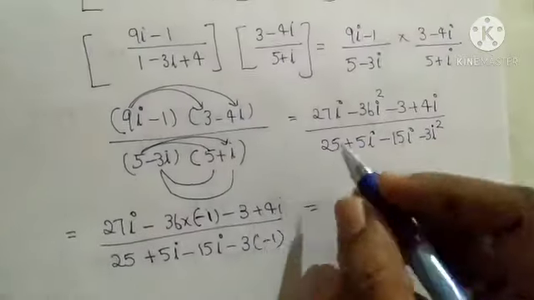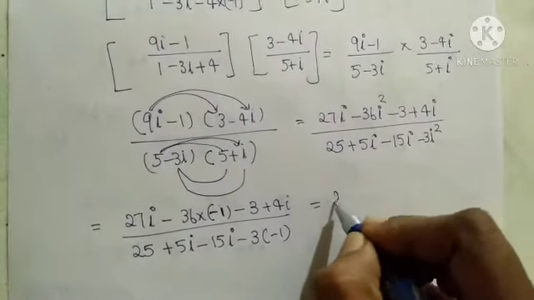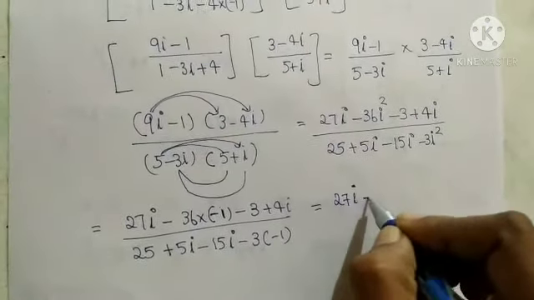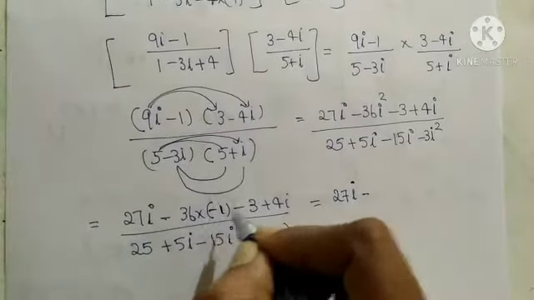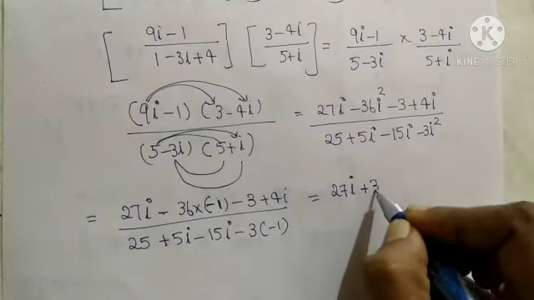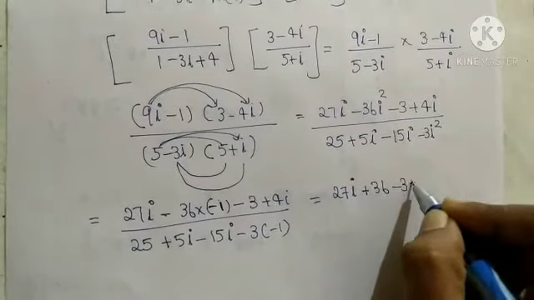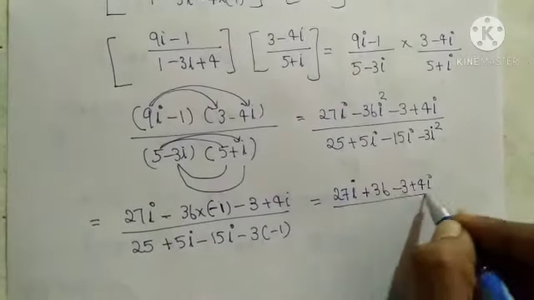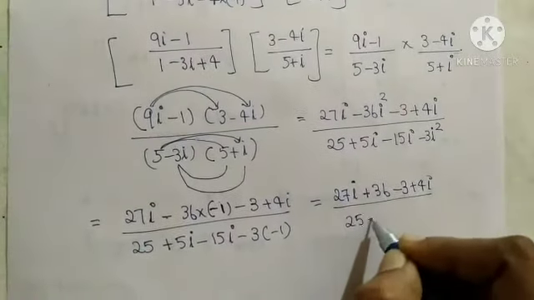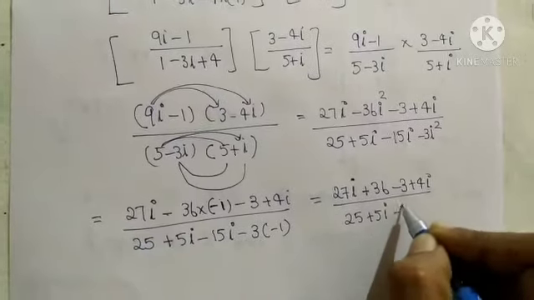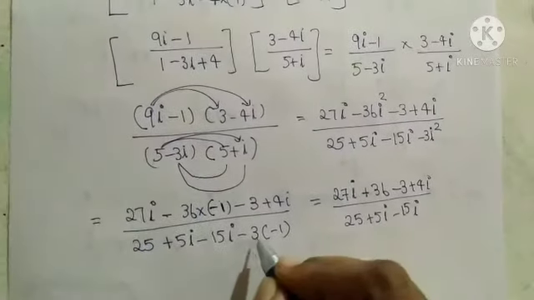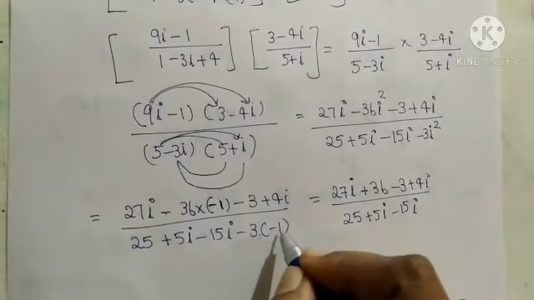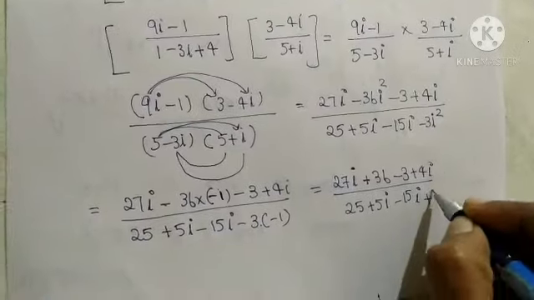So this term will become 27i minus 36 into minus 1 will become positive 36, minus 3 plus 4i, divided by 25 plus 5i minus 15i minus 3 into minus 1 will become plus 3.